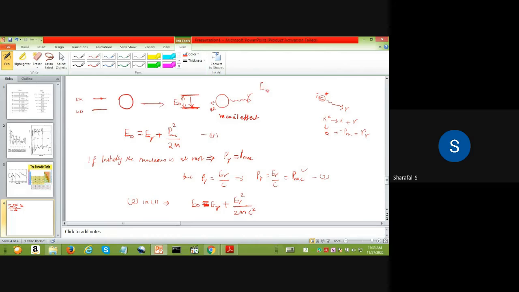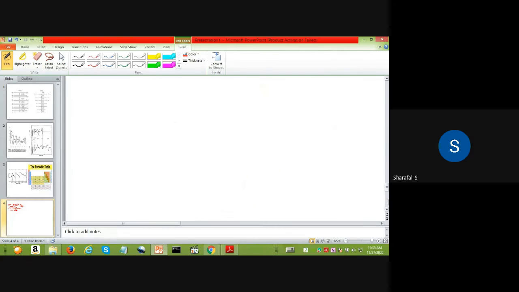That is E0, the energy difference between the excited and ground state, and it is almost equal to E gamma. There is not much difference, and that small fraction of energy is taken away by the nucleus for the recoil effect.